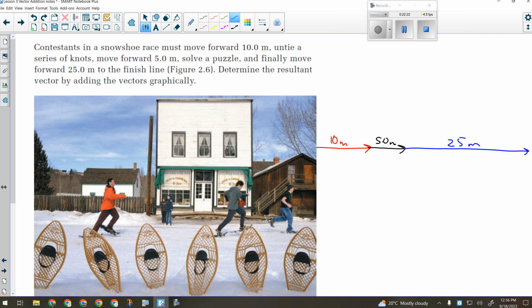All right, what's my total displacement? Meters forward. Okay, everybody all right with that? They really don't get much easier than that.